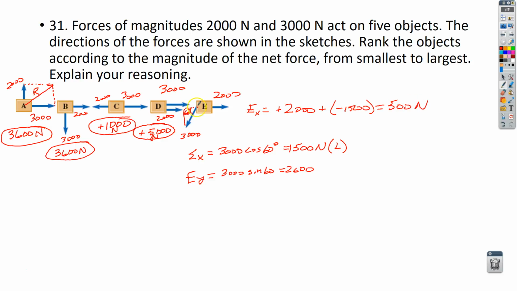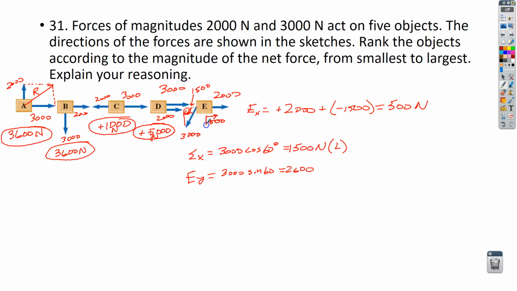That would be the sum of this one, which we said was about 1,500 newtons, plus this one, which is 2,000, but remember this one's left, and so it's negative. So the overall sum of those two in the x direction for letter E would be about 500 newtons. So we're going to draw a new one here, 500 newtons.